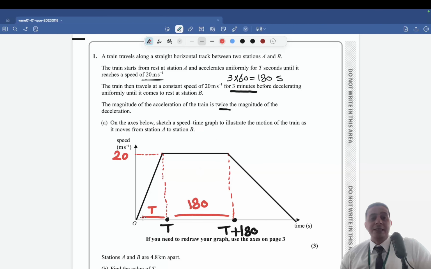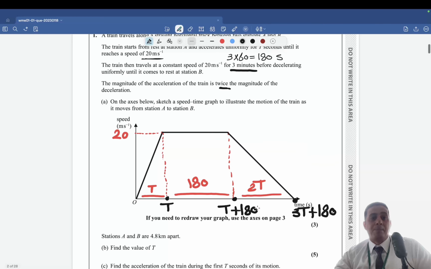If it takes t seconds to go from 0 to 20, and the acceleration is twice the deceleration, then going from 20 to 0 will take 2t seconds, which means our point here will be t plus 180 plus 2t, which is 3t plus 180.